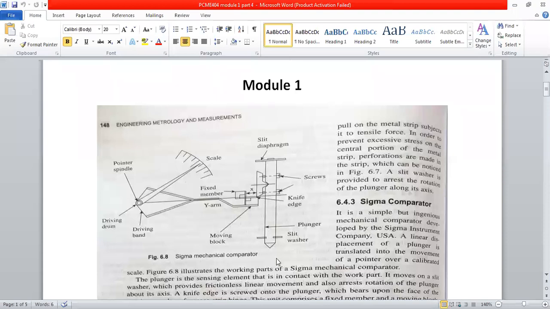So when the plunger moves, the moving block will also be displaced, and we get the reading from the scale. So this is a Sigma mechanical comparator.